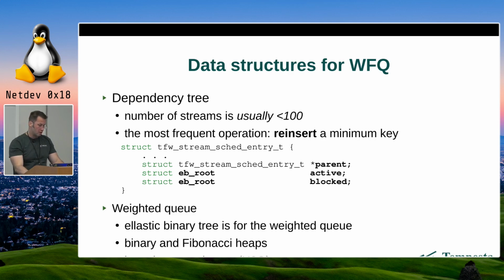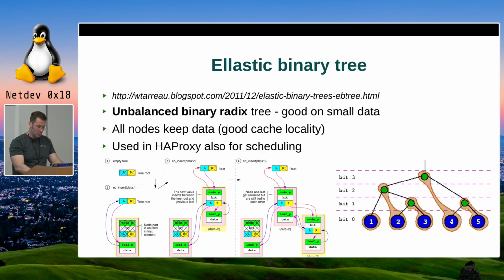We considered different data structures suitable for scheduling a small number of HTTP streams, and we ended up with the elastic binary trees used in HAProxy and developed by Willy Tarreau. This unique hybrid data structure is essentially a radix tree, a binary radix tree.